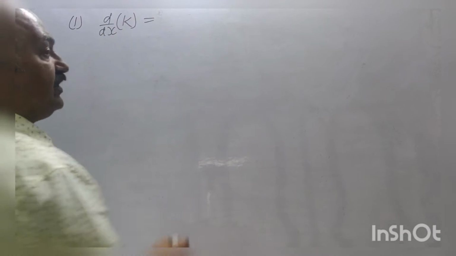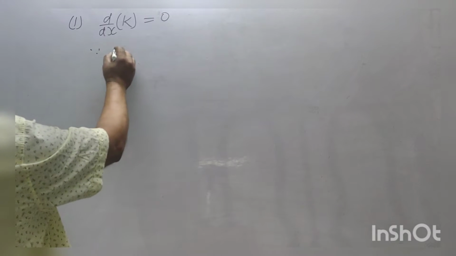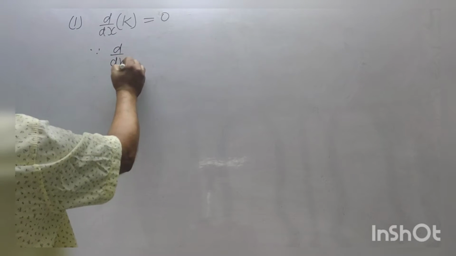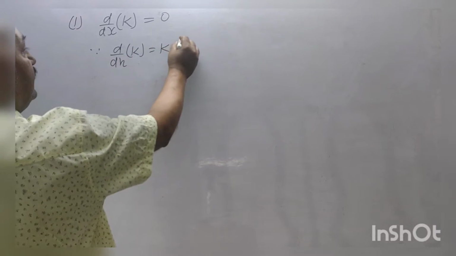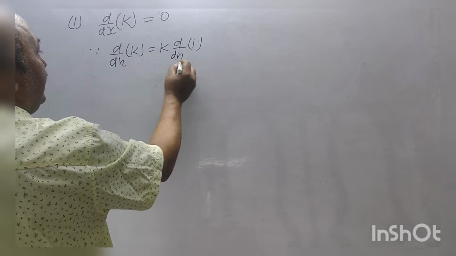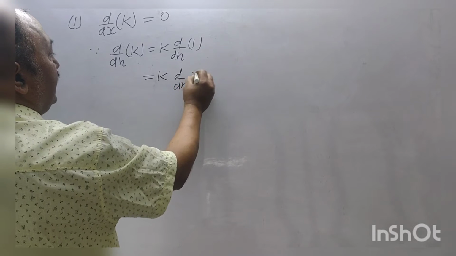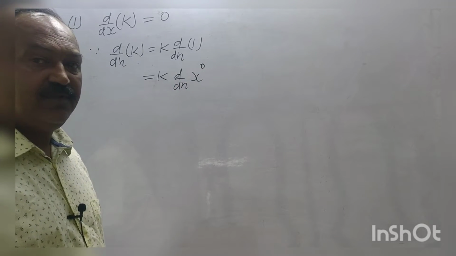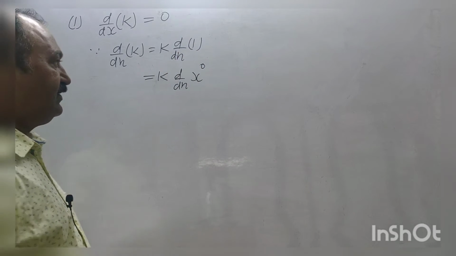If there is any constant k, then its derivative is 0, because you can write k as d upon dx of k is equal to, taking k outside, d upon dx of 1, and 1 can be written as k into d upon dx of x raised to power 0, variable x raised to power 0, because derivative is with respect to x.